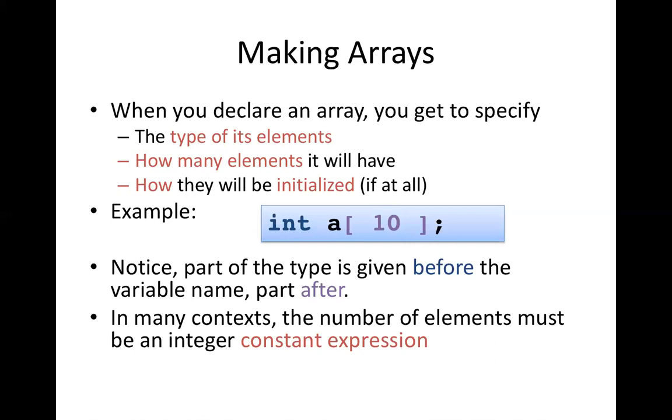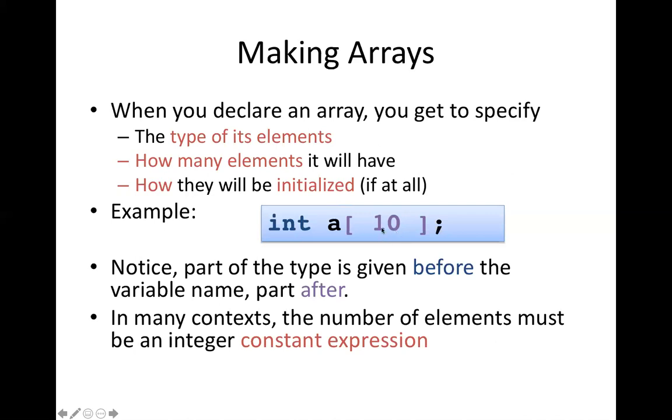It makes a reference, and you're expected to allocate it usually in a different expression. But in C, the type of the element goes first, then the name of the array you're making, and then inside square brackets, the number of elements in the array. This is a little bit weird because the type for the array comes in two pieces. The stuff out front is the type of each element, and the stuff at the end is the size of the array.